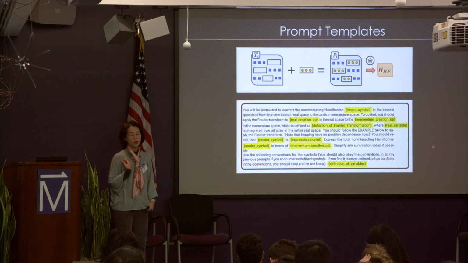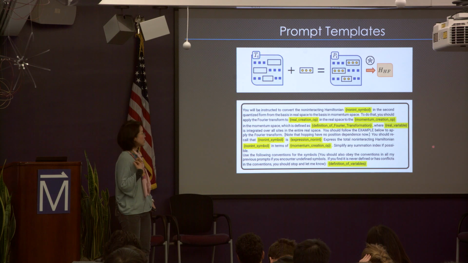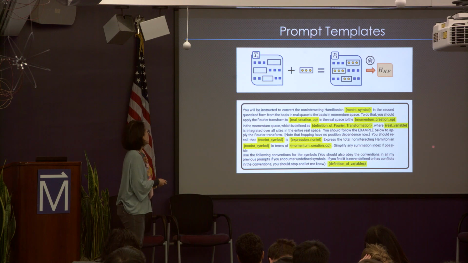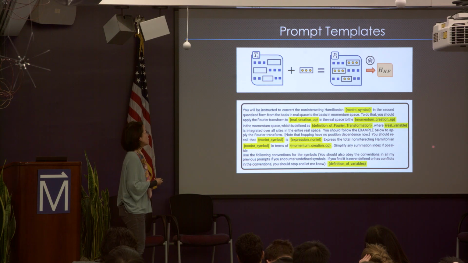We didn't invent ChatGPT. I have no connections to ChatGPT, so that's not what I did. But what we did do is figure out how to make this work for us. So in order to apply a framework that is very formulaic across different problems, we thought of writing a prompt template.